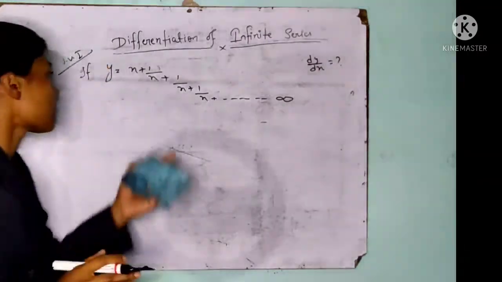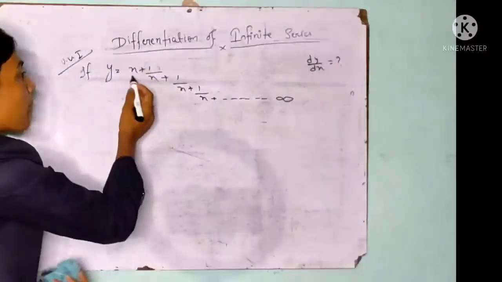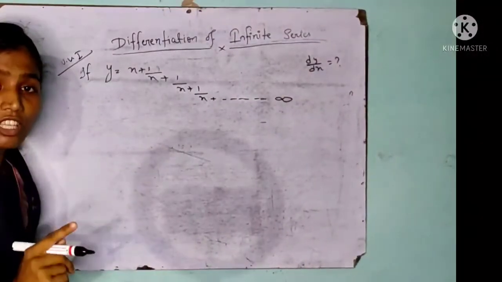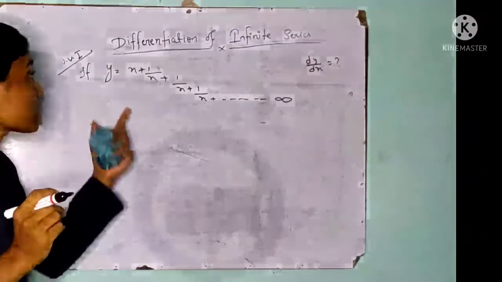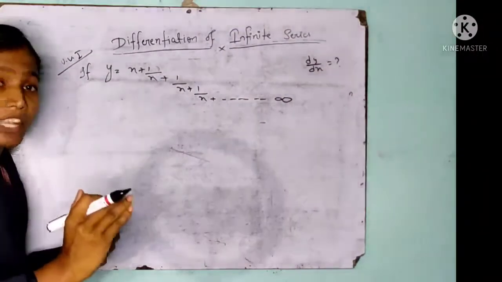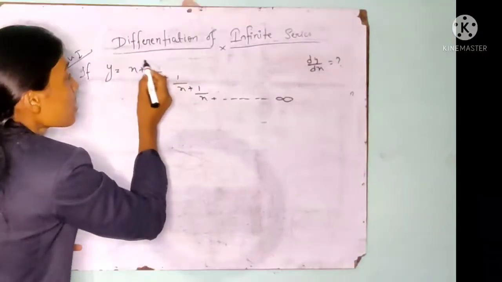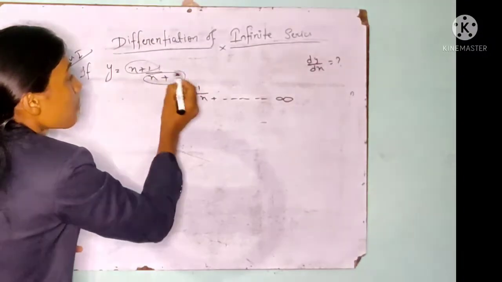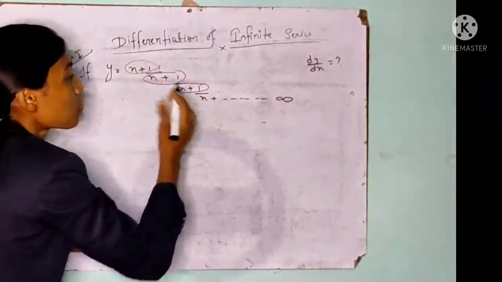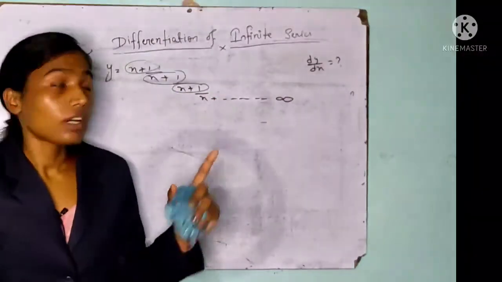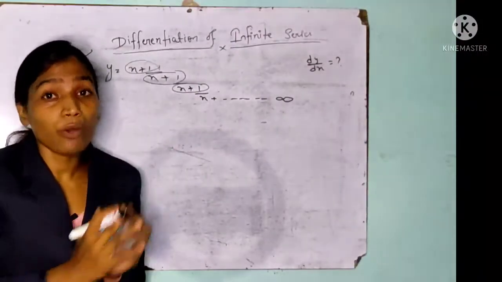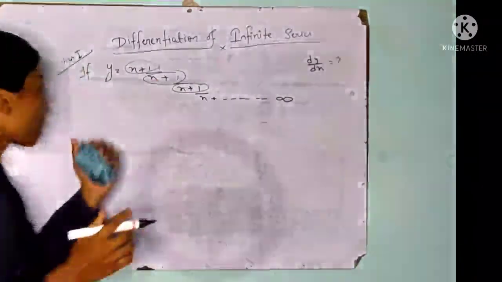Now see, I am applying that same concept here. The first thing you should recognize in this function is the repeating term. Here, x plus 1 is the repeated term: x plus 1 upon x plus 1 is repeated. Once I recognize the repeated term, I take it out.